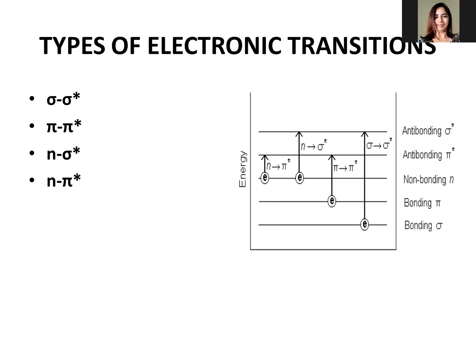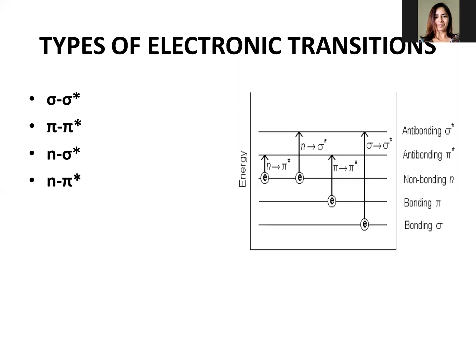Next is the pi to pi star transition. This type of transition occurs in unsaturated centers of the molecule, in compounds containing double or triple bonds, that is, where there are pi electrons present. The excitation of pi electrons requires smaller energy because they are loosely bonded, and hence such transitions occur at longer wavelengths.